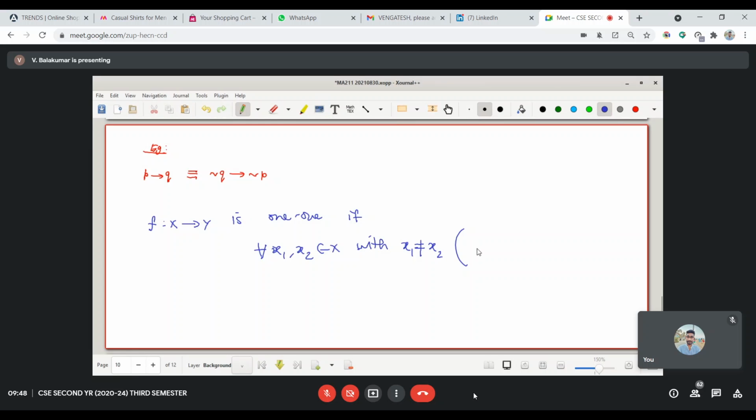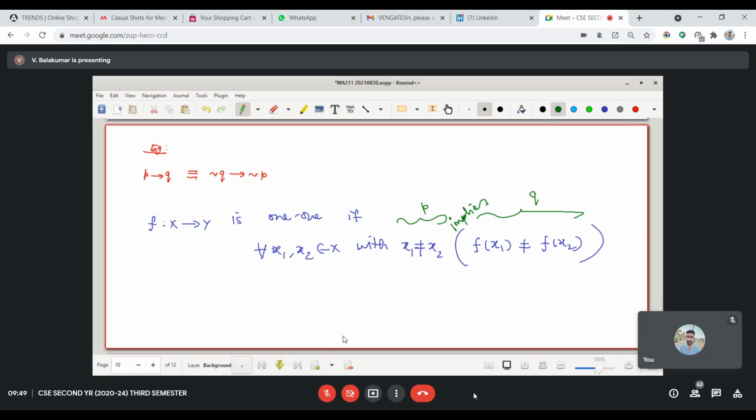Then f of... what we concluded? These two are different. That's it. Let me call this as statement P, this as statement Q. Here I have written implies, okay?